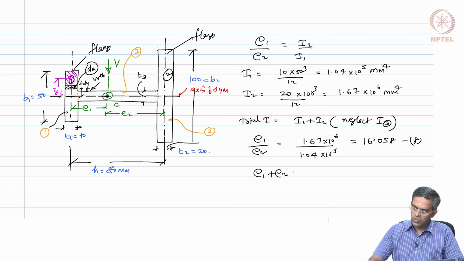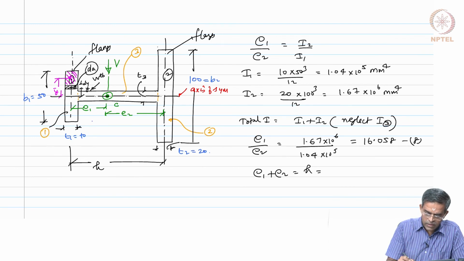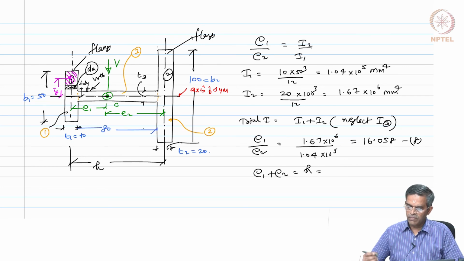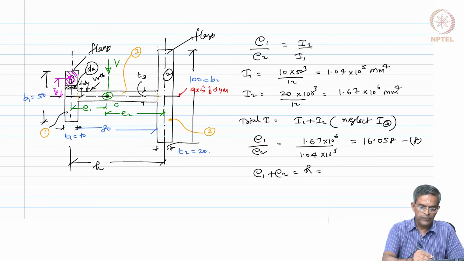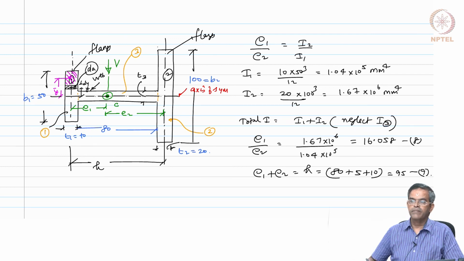E1 plus E2 is H, which is, okay, we will say this is 80. In this figure, this is anyway H, but we have this dimension, the clear dimension is 80. So, H will be now equal to 80 plus 5 plus 10, which is 95, equation 9.